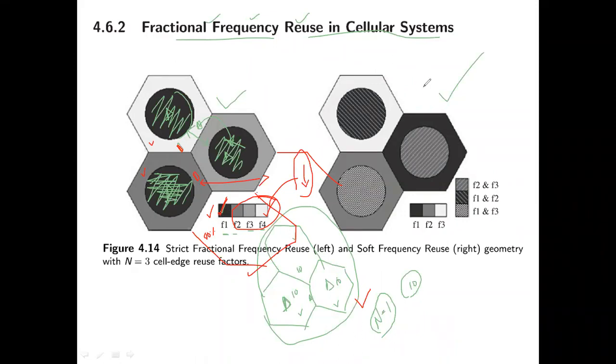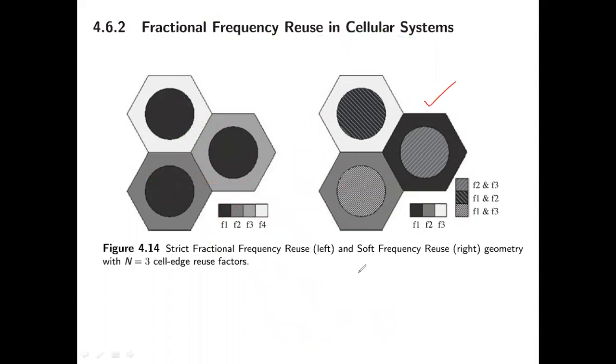So the other option was something called soft frequency reuse. This thing was called strict fractional frequency reuse. Makes sense, because the nearest users are being separated. Here in this particular case, what they did was, in the center also, they could use two sets of frequencies.